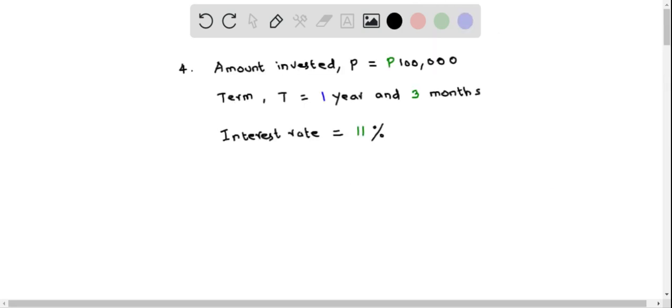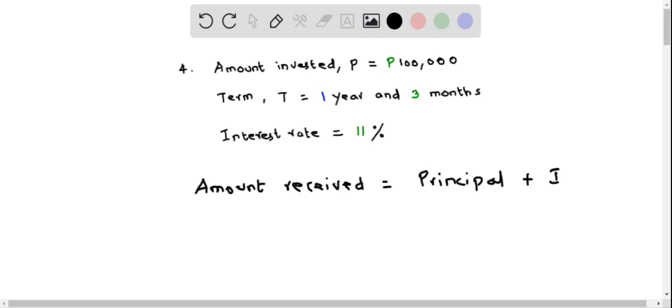In question 4, we determine the amount received by Abraham. So we write amount received, and this equals the principal amount plus the interest.